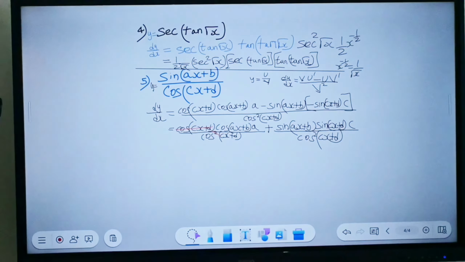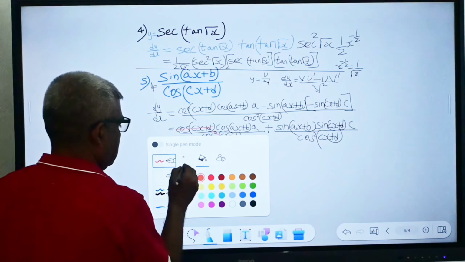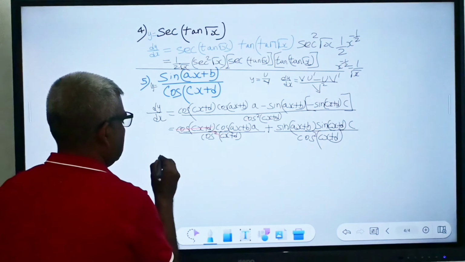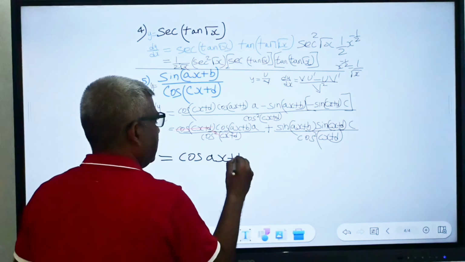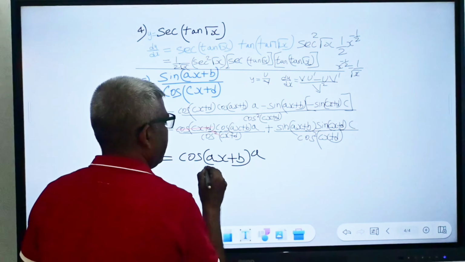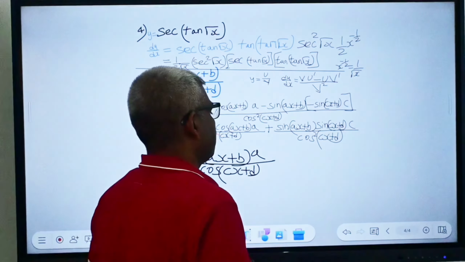Okay, copy down until now. So what will happen? cos(ax+b) times a over cos(cx+d). Here sin(ax+b).